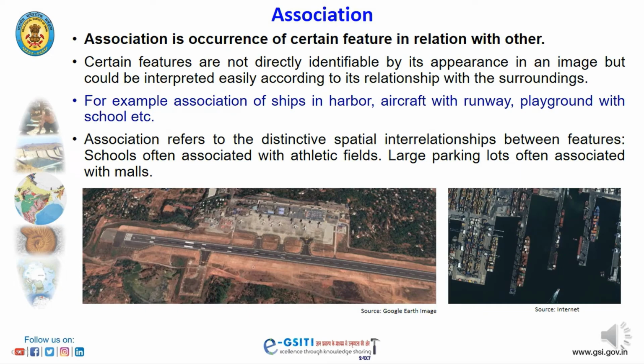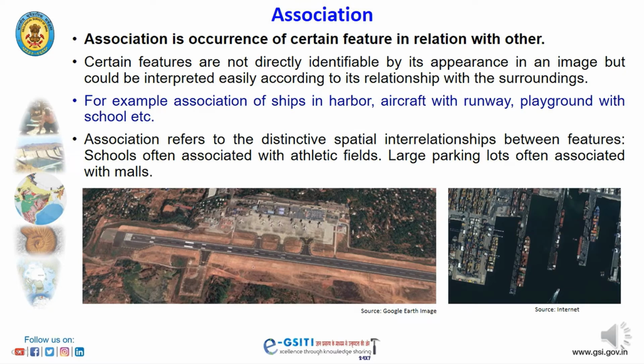Association. Association is the occurrence of certain features in relation with others. Certain features are not directly identifiable by their appearance in an image, but could be interpreted easily according to their relationship with the surrounding features.